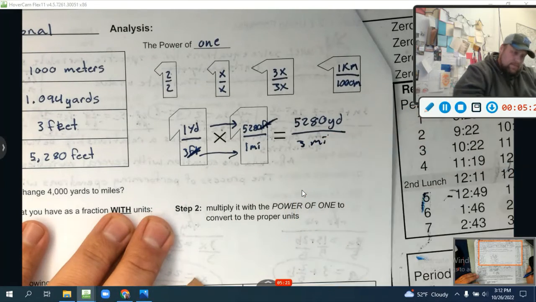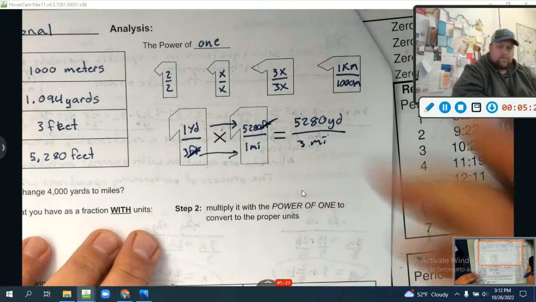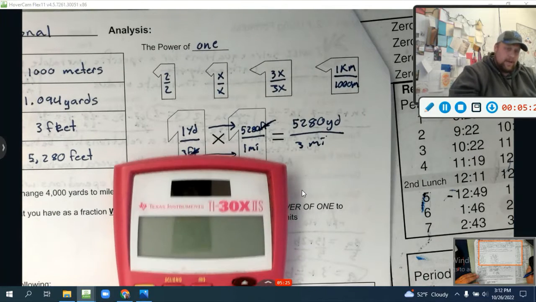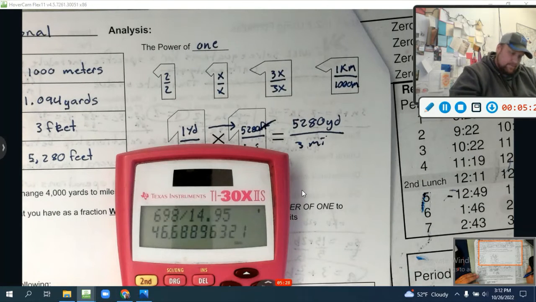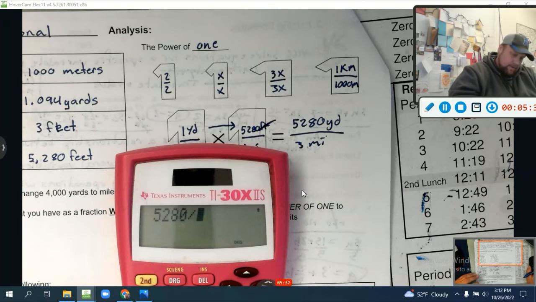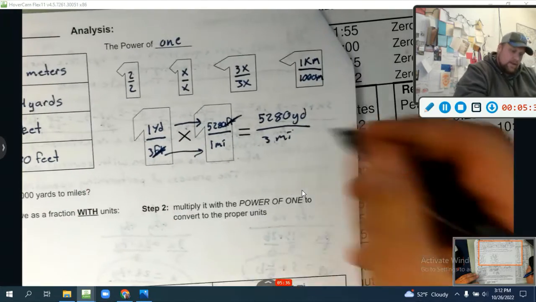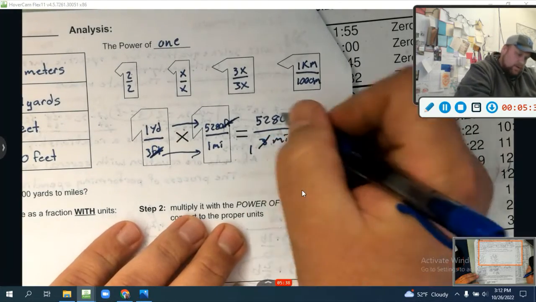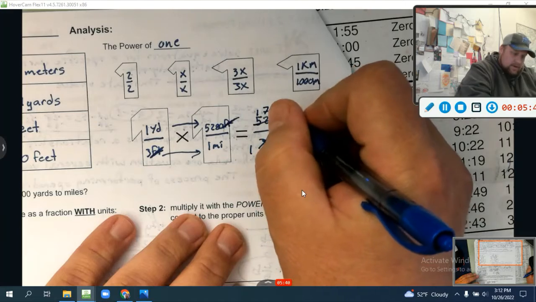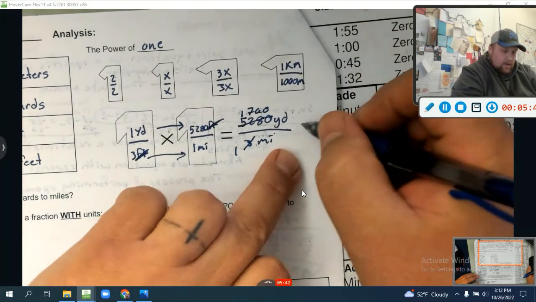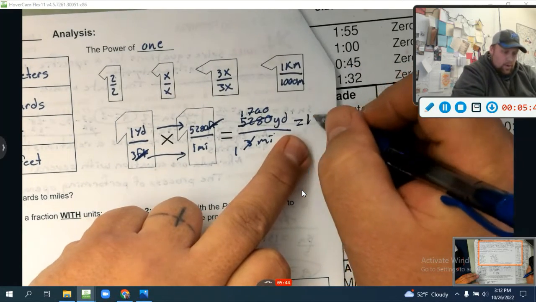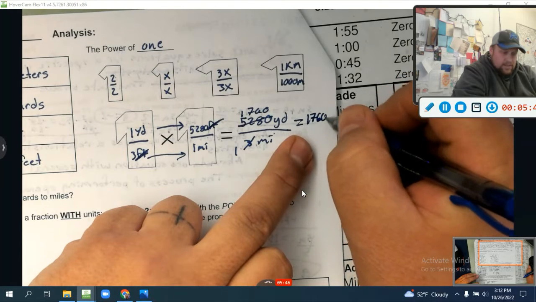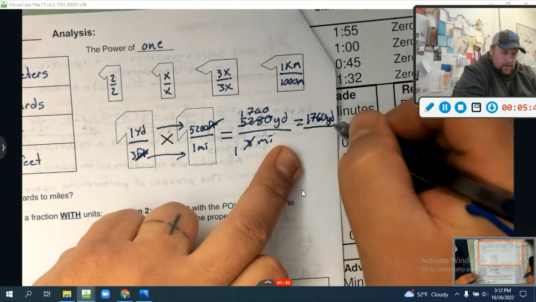I'm going to divide that 3 into 5,280 and watch what happens. 1,760. So I know that there is 1,760 yards in 1 mile.